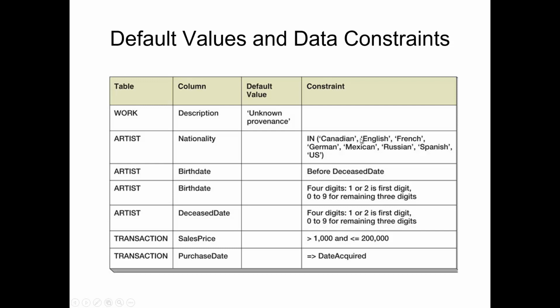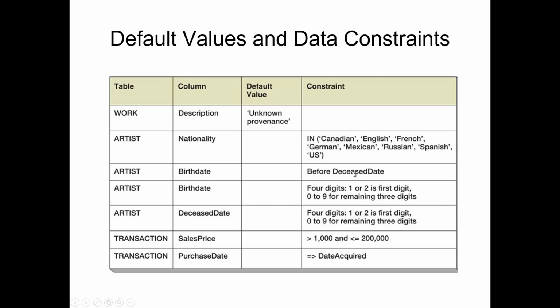So we have 1, 2, 3, 4, 5, 6, 7, 8 countries. So we need to check if whatever is being added is within these countries, and that's why we have a constraint called check in, and between parentheses we can put all the countries that are allowed.